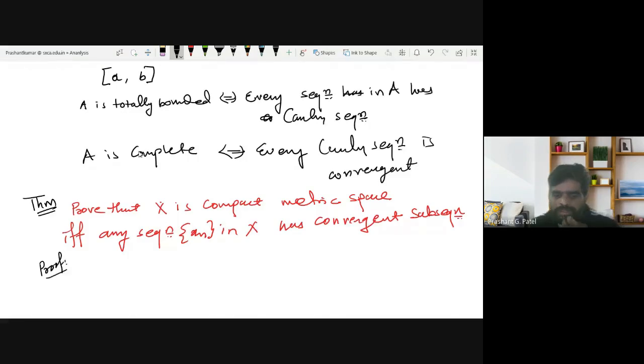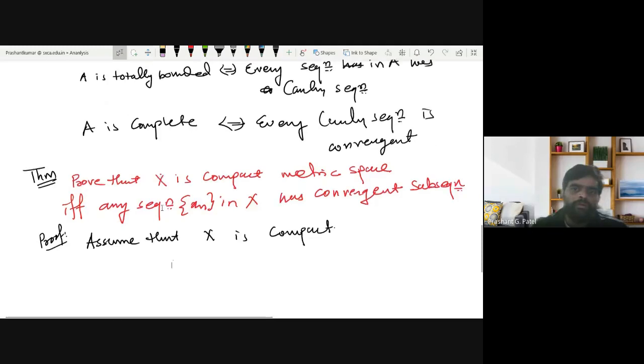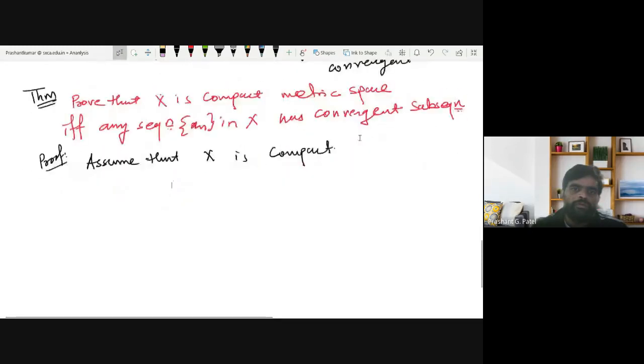So let us give the proof of this. Let us assume that X is compact. Obviously we will use these two results which we have already stated: A is totally bounded, and A is complete, which implies every Cauchy sequence is convergent.